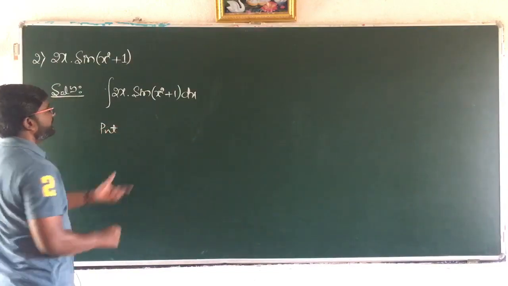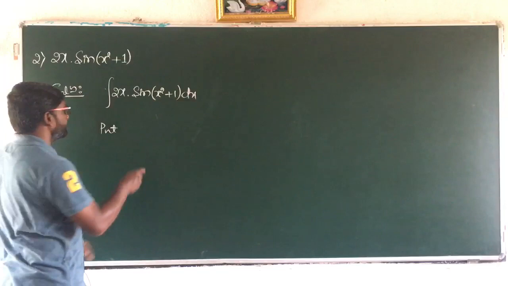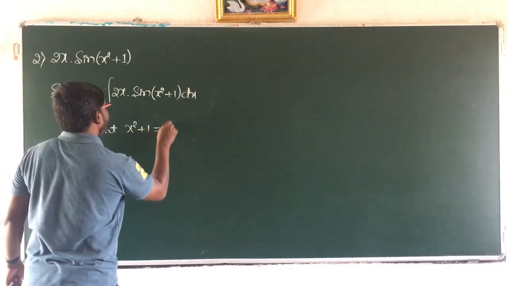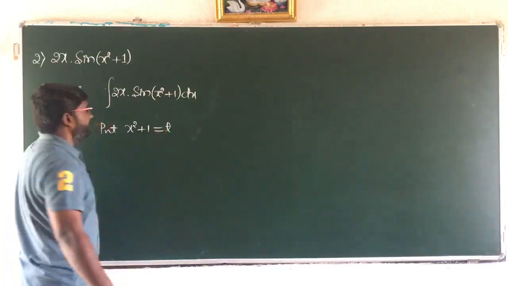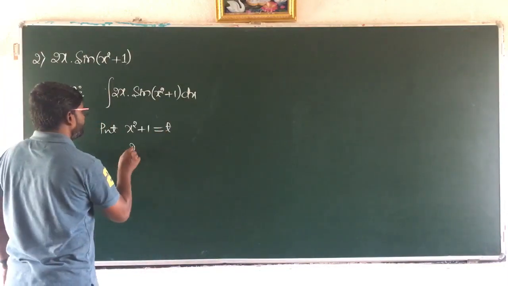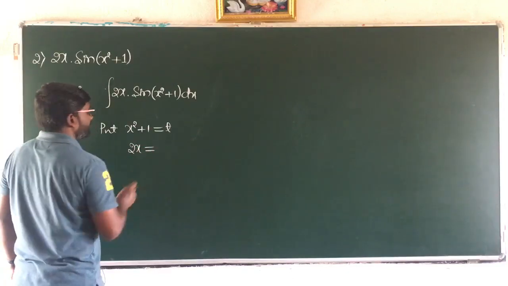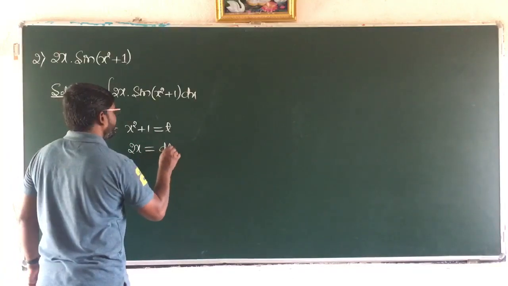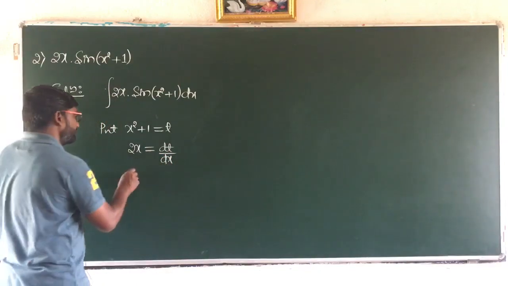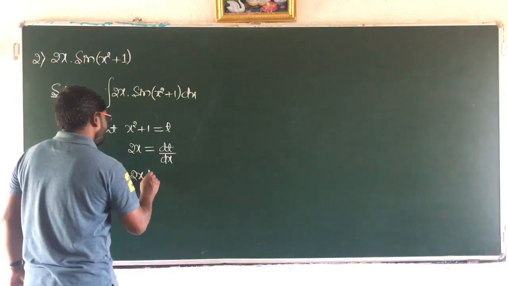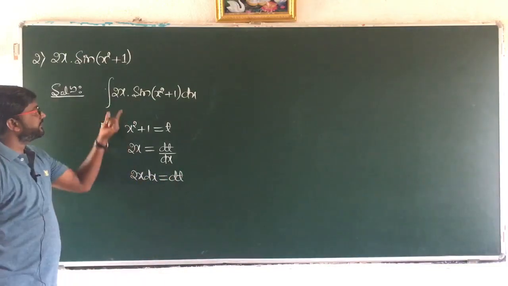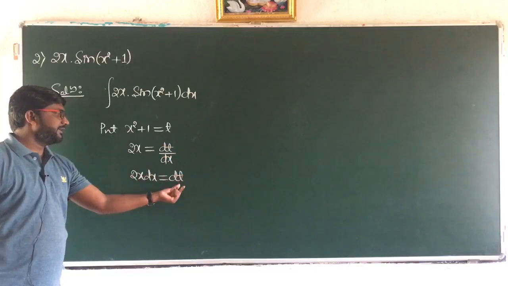Put x square plus 1 equal to t. Now differentiate both the sides with respect to x. So we get 2x equals dt by dx. Now take this to the RHS. So we get 2x dx equals dt.